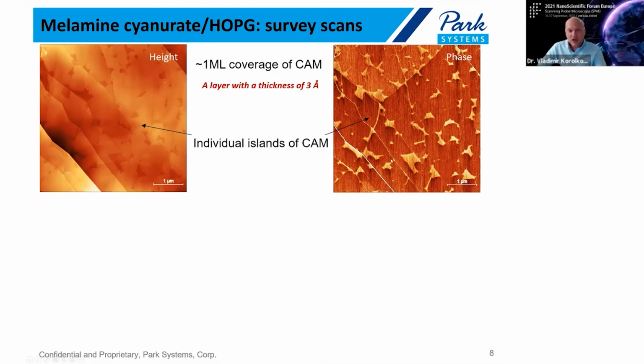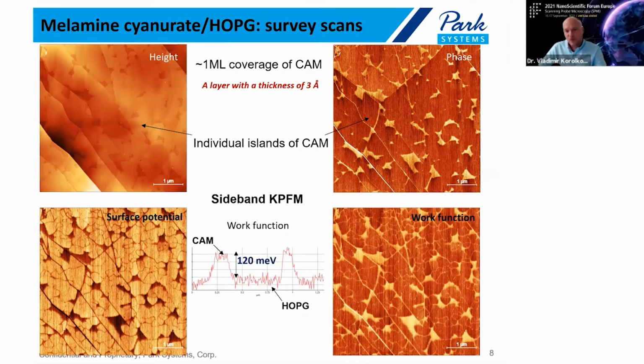Nothing really exciting here. But what was exciting to me is when we applied our sideband Kelvin probe force microscopy technique, which I hope you had a good hands-on session with yesterday with Ilka. We discovered that with KPFM, you can resolve a very nice domain structure that otherwise is very difficult to access, and something which before I thought were continuous islands.